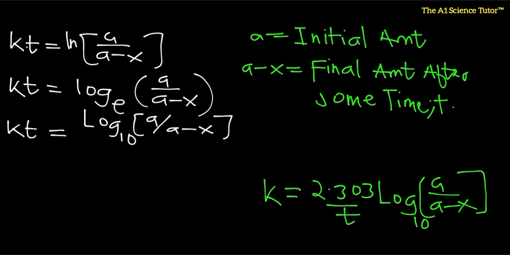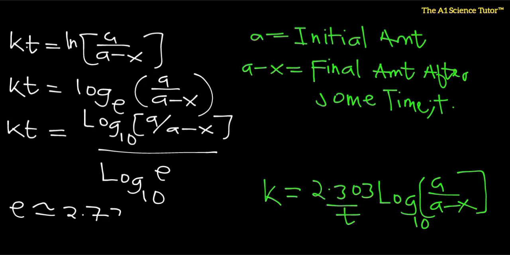So this is going to be divided by log to the base 10 of the base, which is e. Now you need to know that e is approximately 2.72. So it's actually a constant. So we have log to the base 10 of e. Well, that should not be ln e.